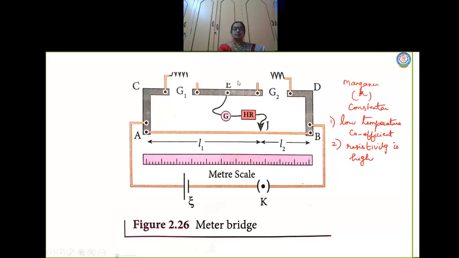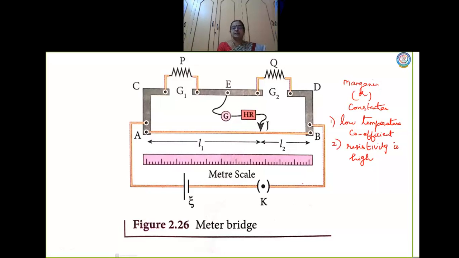One resistance will be of an unknown value, which is P, whose value we are going to determine, and it is connected along the gap G1. Along the gap G2 you have a known resistance.